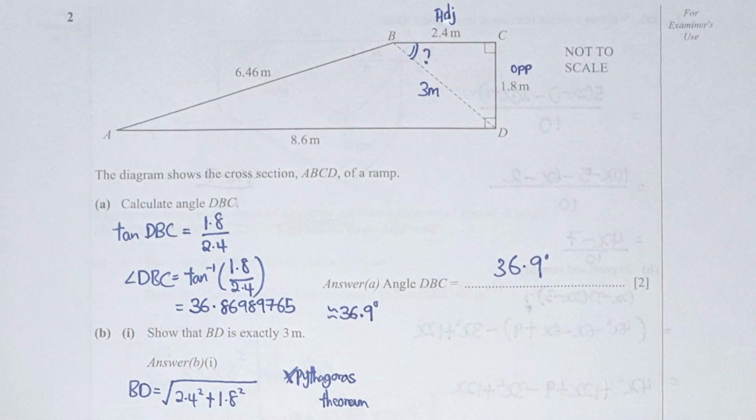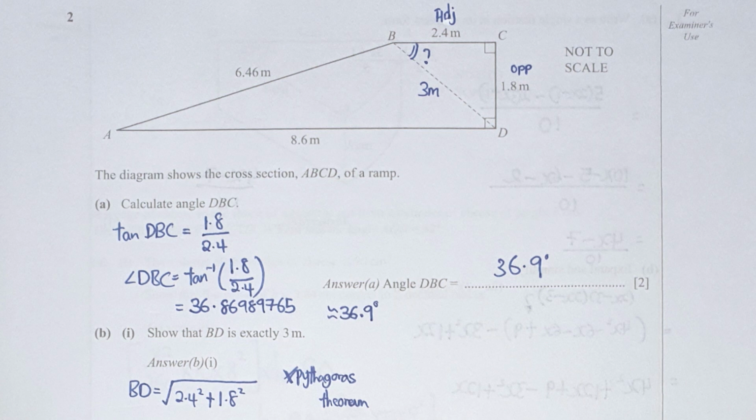Question 2, calculate angle DBC. So for the angle itself, 1.8 will qualify as its opposite and 2.4 is its adjacent. So angle DBC equals tangent inverse 1.8 over 2.4.